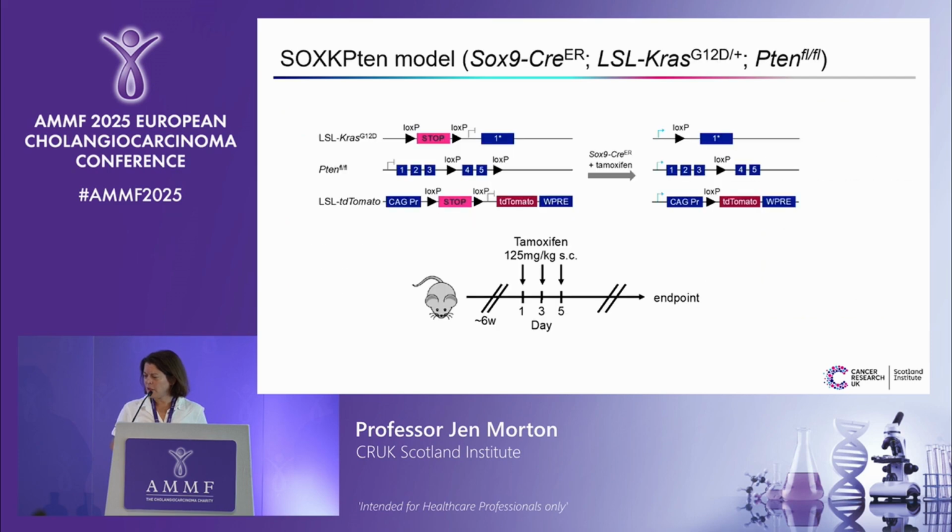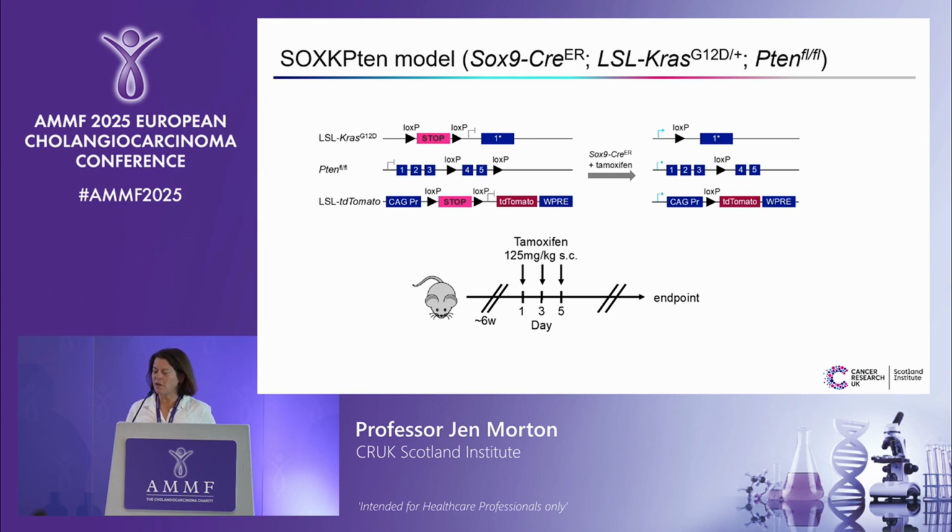So yeah, this was a proof of concept to get the most rapid model that we could, or so we thought. I'll just introduce this model briefly first, which is the SOX9-driven model. We have mutation of KRAS, specifically within the duct. We have P10 loss, and we also have a tomato allele to track recombined tumour cells.